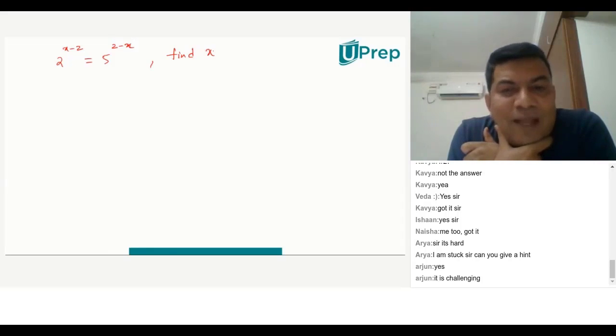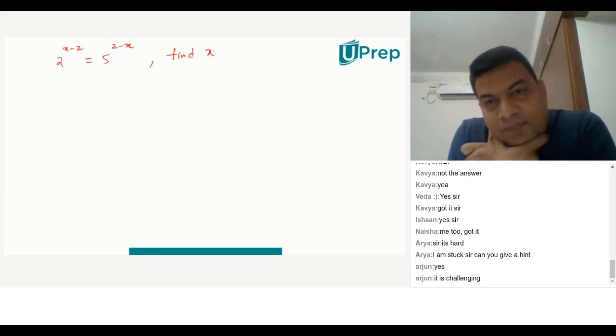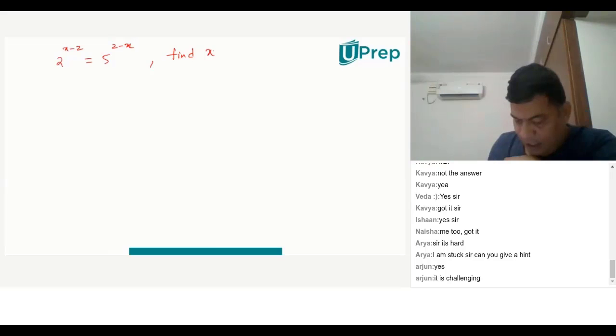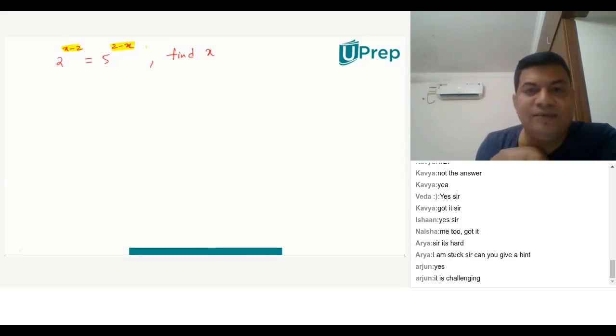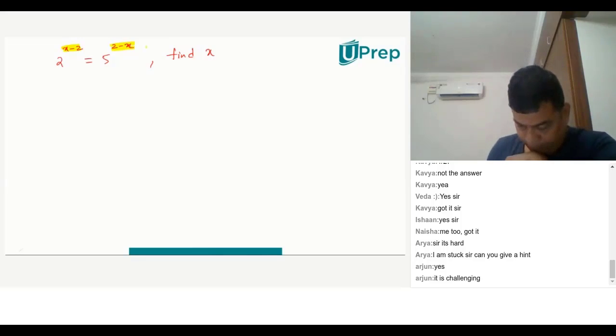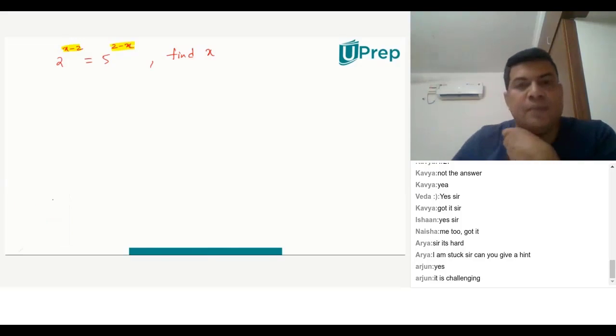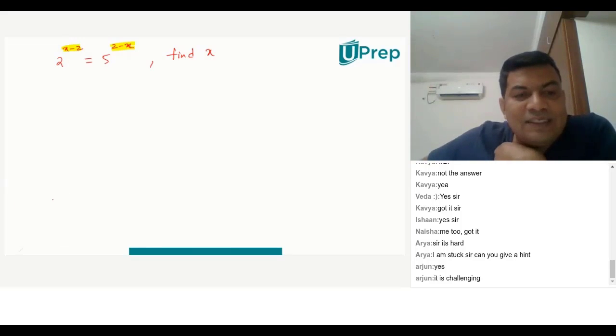Just apply your fundamentals of exponents in problem solving, you'll get it. The hint is in the problem itself: x minus 2 and 2 minus x. That's the hint.